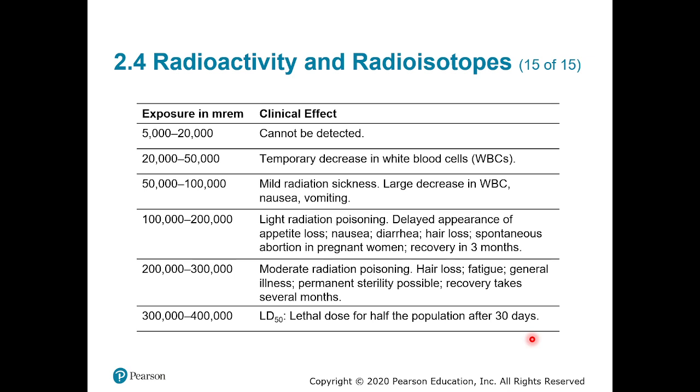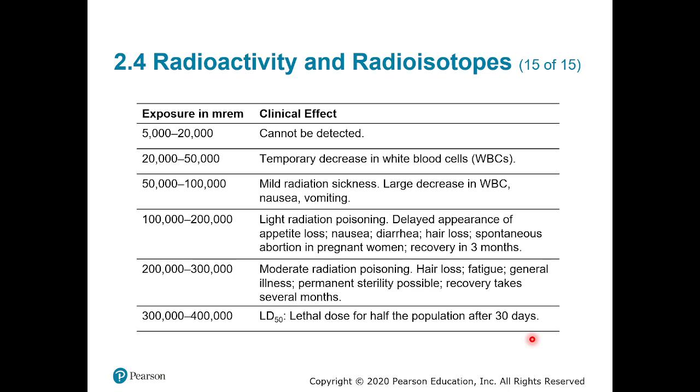All right, so if we're at 5,000 to 20,000 millirem, what we're going to see is cannot be detected, no change, you're good. Okay? 20,000 to 50,000 millirem, you'll have a temporary decrease in white blood cells. WBCs is the abbreviation for those.